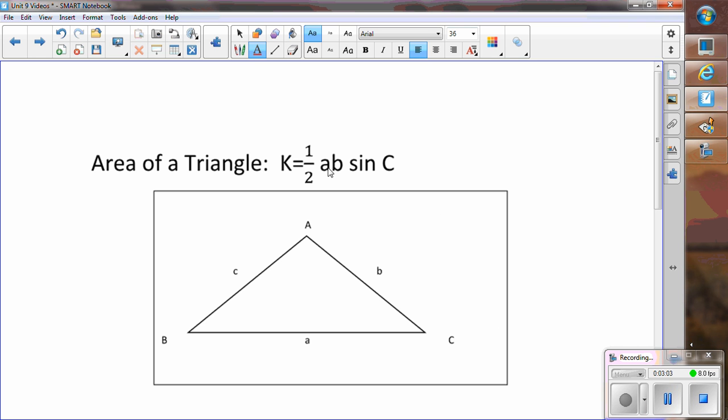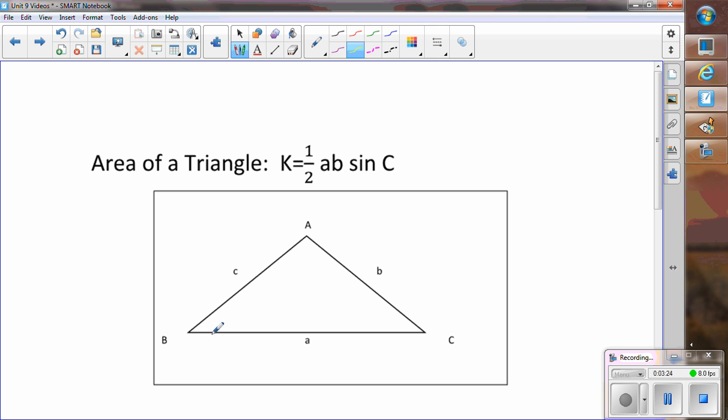Now, just because I have ab sine C right in here does not mean that has anything to do with labeling triangles. I could be talking about triangles XYZ. What this ab sine C is, is the relationship, and let's highlight the relationship here. I'm going to use yellow to show you.